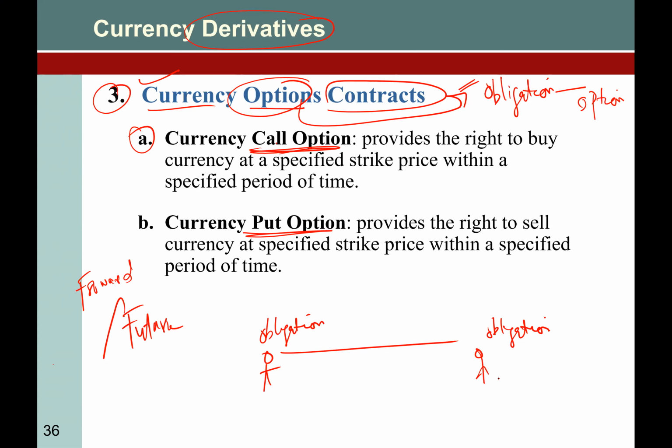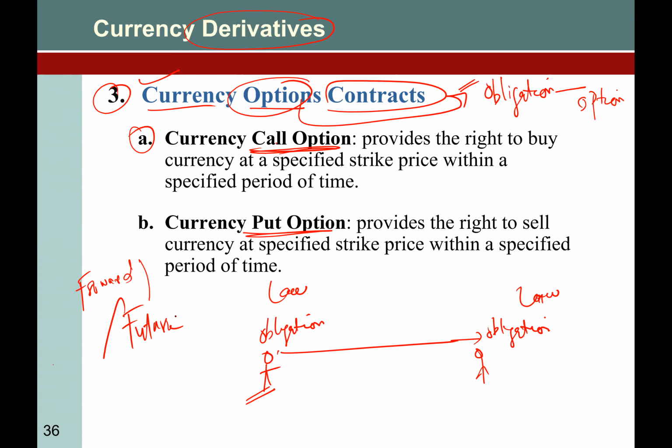If any of the parties violates, there's going to be law enforcement here. It's going to be illegal for you to back off from your contract. So that's why we call this forward contract, future contract. There is no option here.